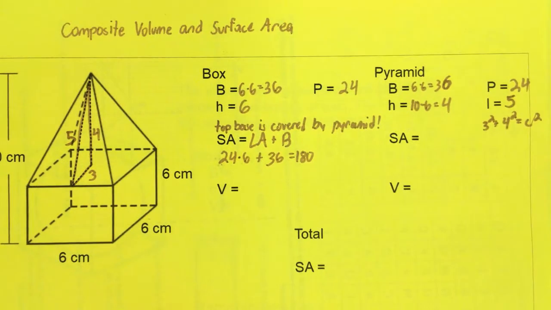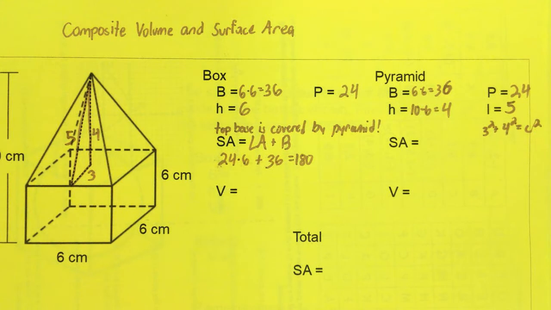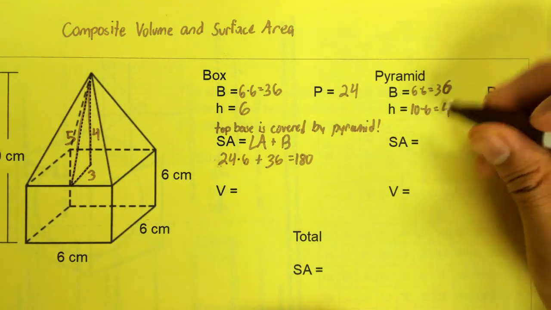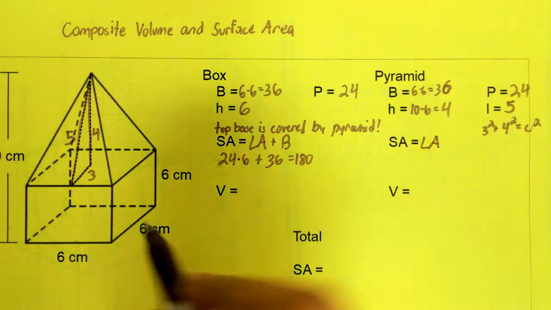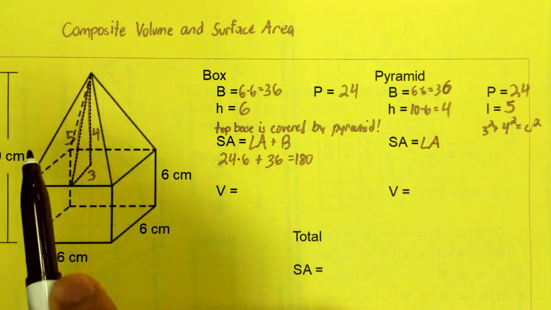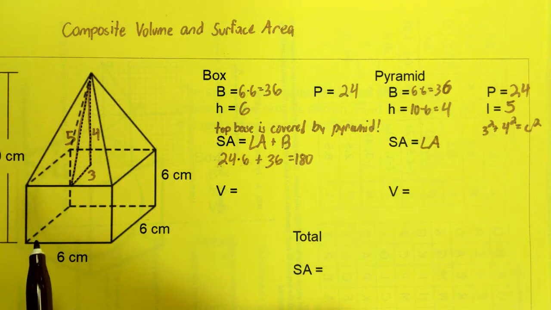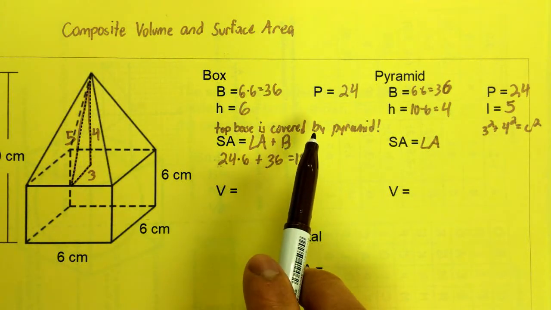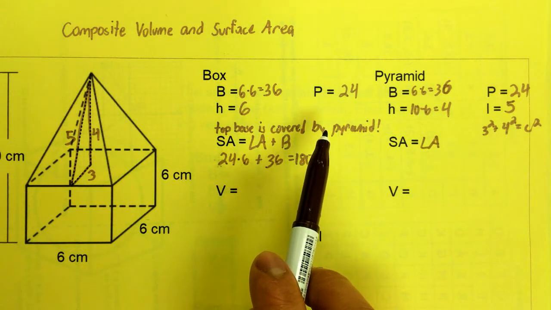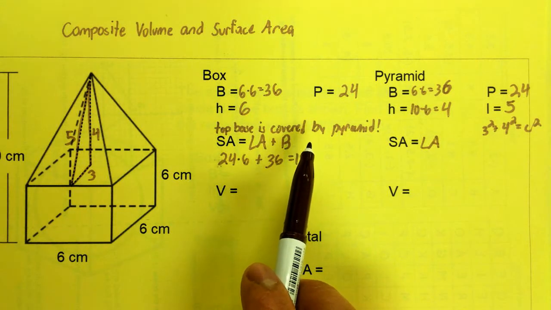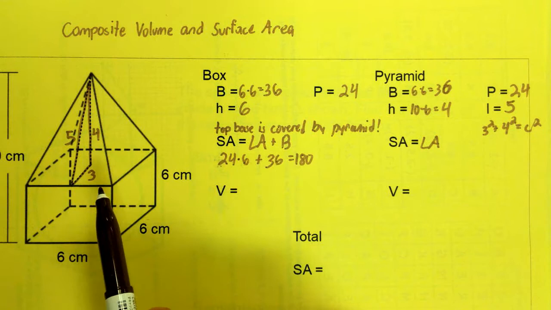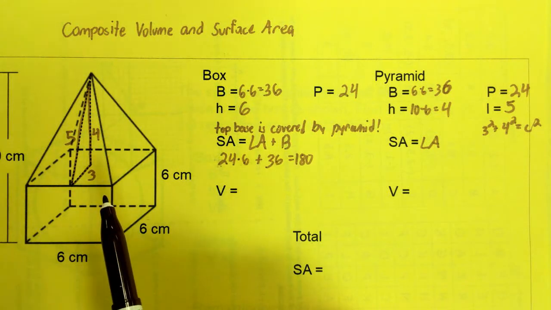So now we have all the information to solve the surface area of this pyramid. Surface area of a pyramid is, I want my lateral area around the pyramid, but I don't want the base. For the same reason, we don't use the top base of the cube. The bottom of the pyramid is being covered as well. So the bottom is not part of our surface. It's inside, not outside.